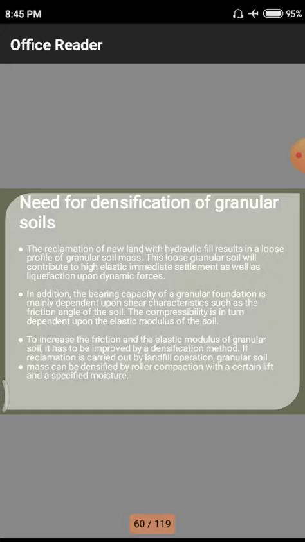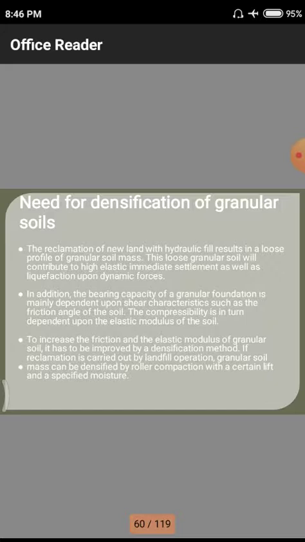Masses can be densified by roller compaction within a certain lift and specified moisture. Mass means a particular quantity of matter that is densified by roller compaction. That means the voids will decrease due to the movement of rollers over those areas.